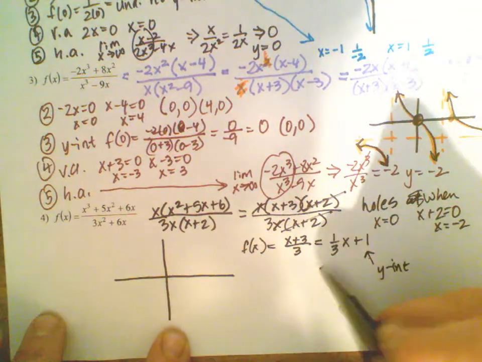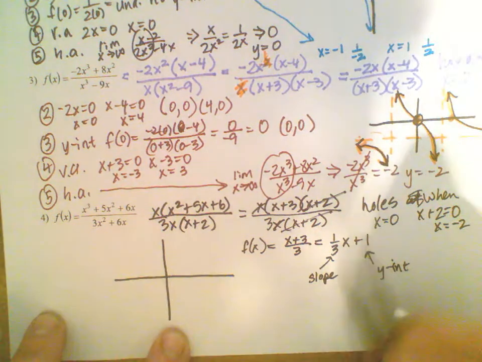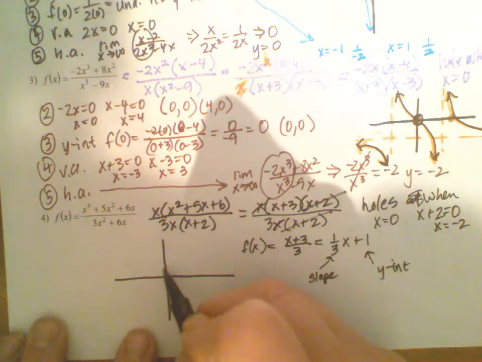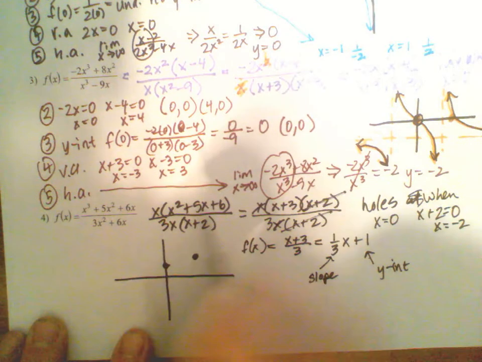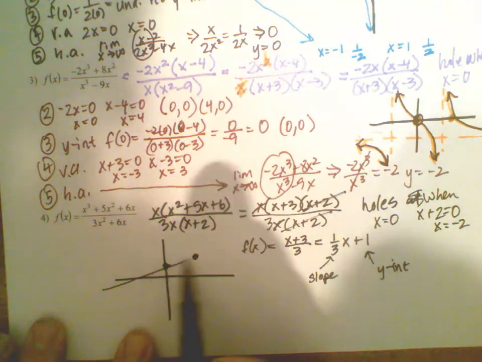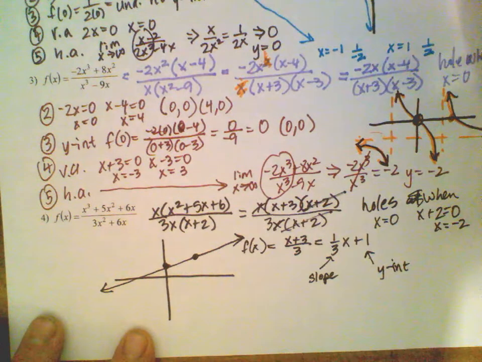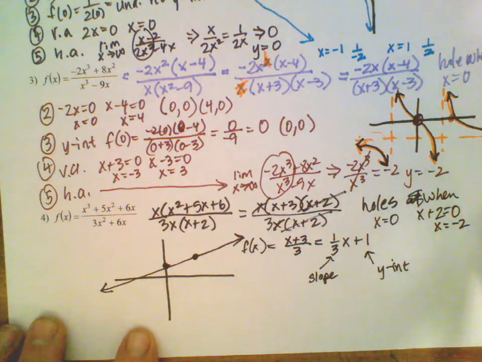And then this number here is my slope, and so from that y-intercept at 1, I go up 1, right 3. I've got enough points to make my graph. It doesn't look anything like the ones we've been looking at, and that's just because everything canceled out.